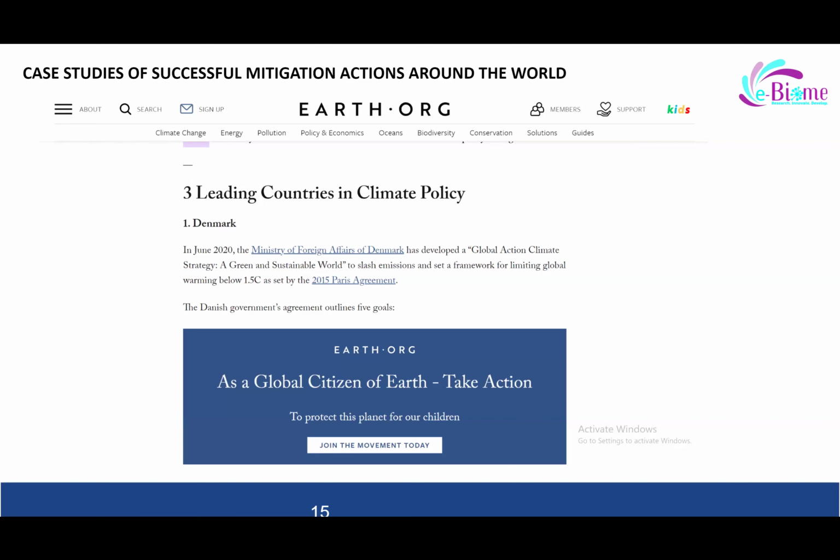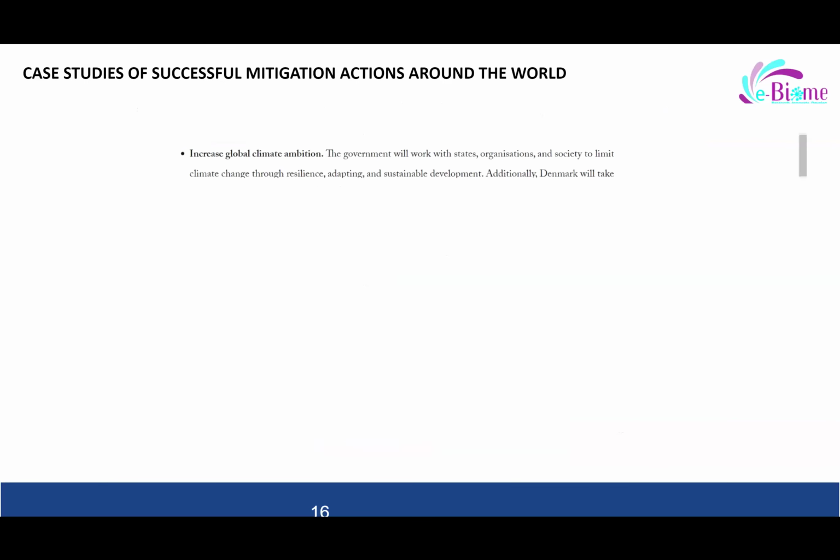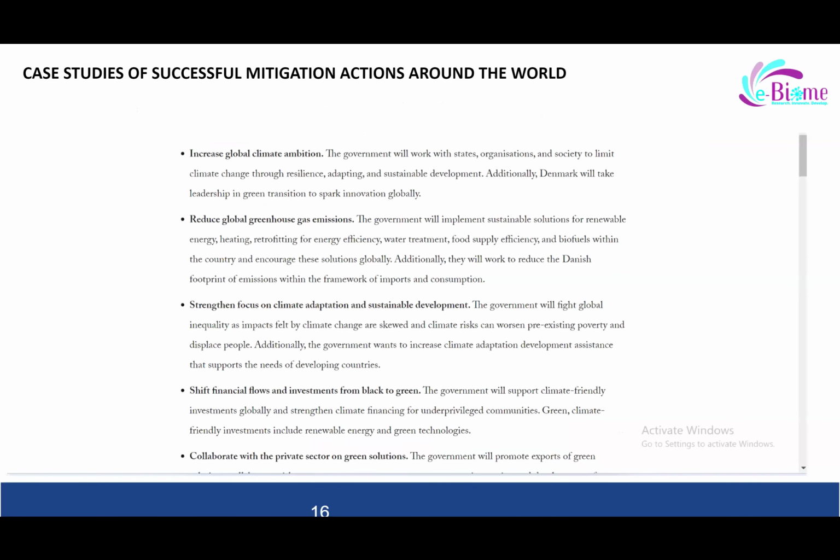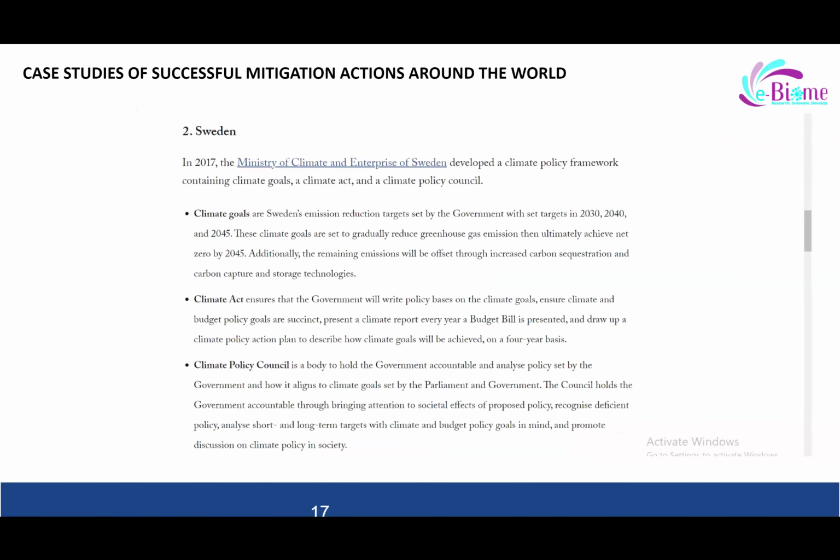In essence, they are smart policies that are in place and are looking into the future. These are policies that are achievable and can be done within the possible time frame that has been listed. So these are some of them that they listed in it.